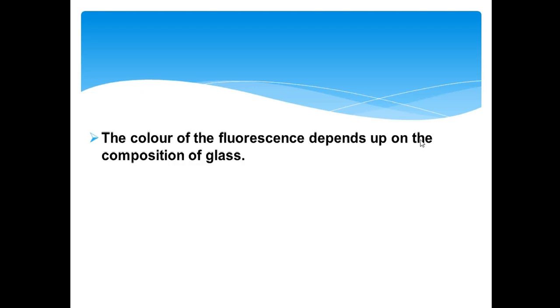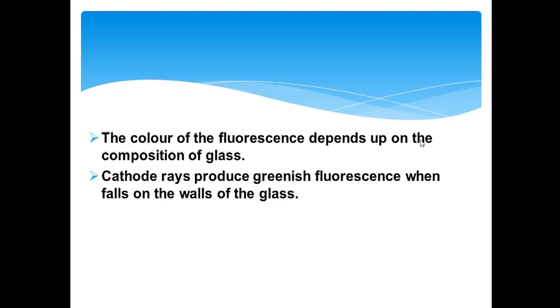The color of fluorescence depends on the composition of glass. Cathode rays produce greenish fluorescence when they fall on the wall of the glass.